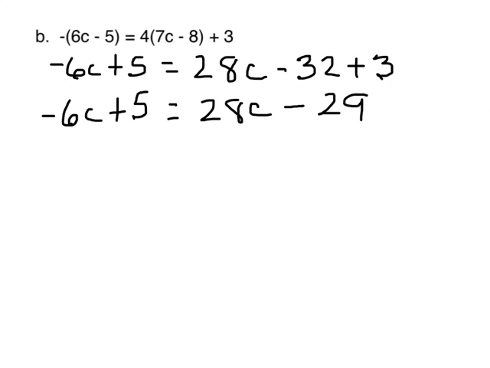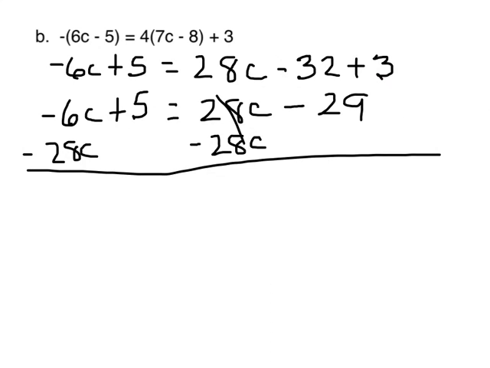Now I want to move this 28 to the other side, so I'm going to subtract 28C from both sides, and I've eliminated that. Negative 28 and negative 6 is negative 34C plus 5 equals negative 29.